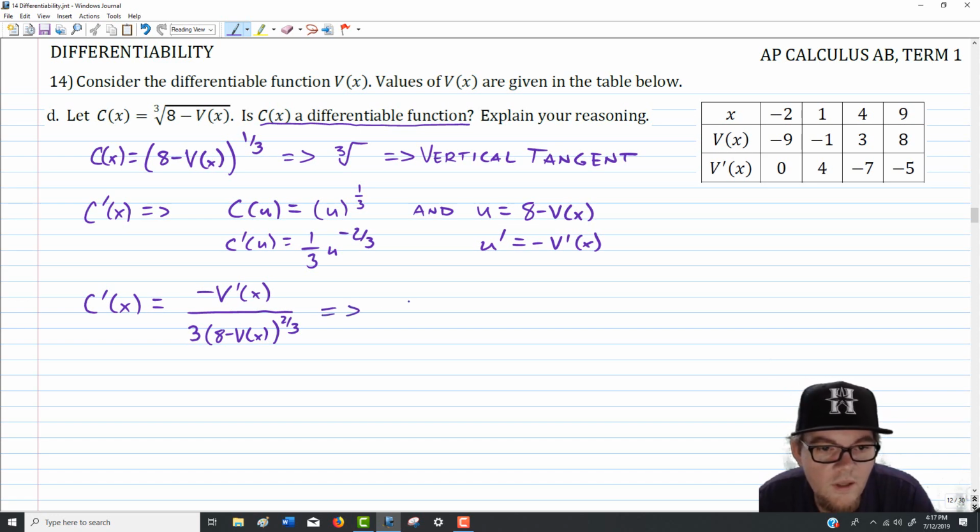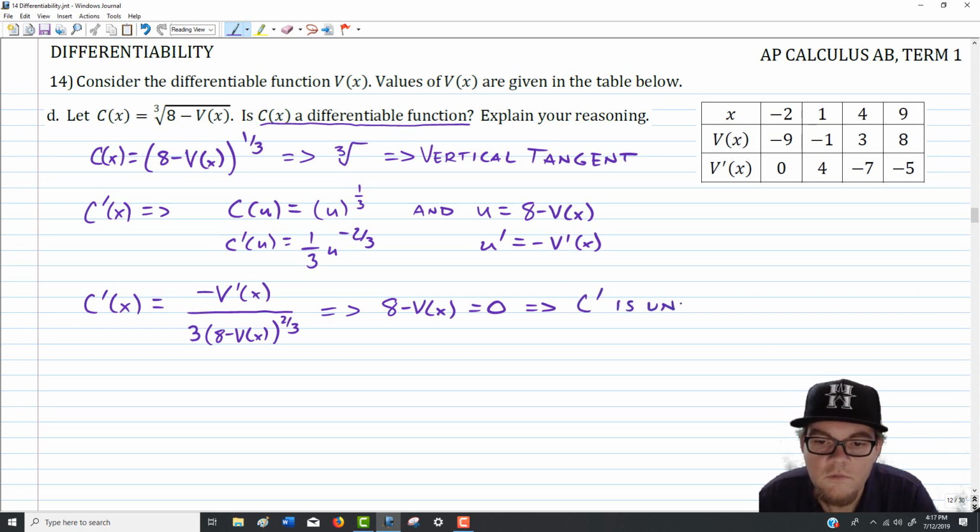So what I notice is that 8 minus v of x being equal to 0 would imply that c prime is undefined. You can see that too, right? Because the numerator would be a non-zero number, or at the very least we'd have a 0 in the denominator. So basically this is the condition that we have to look for. We need to see if there's ever a time where 8 minus v of x equals 0.